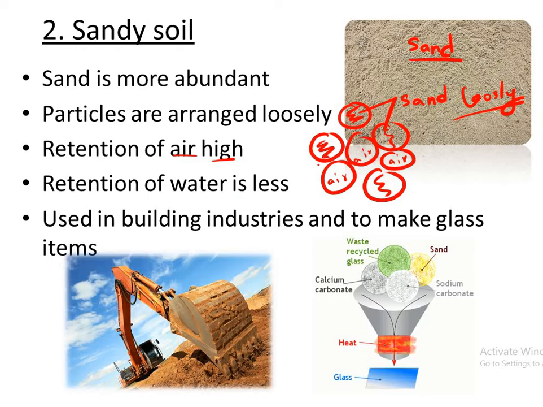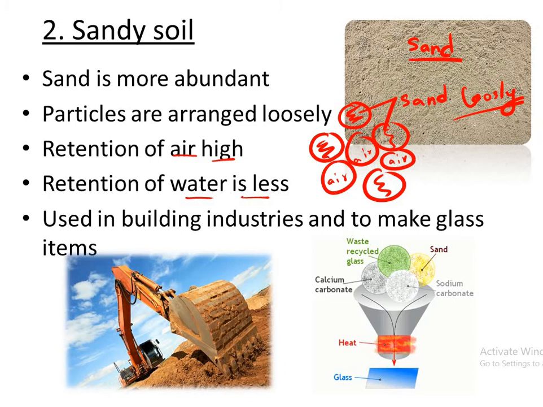Now since air is stored in it, the water retention is going to be less, because air already occupies a lot of its space. And in this soil, as you know, it's very dry, not very moist. So there's less water anyway in this type of soil. In the previous one, in clay soil, water occupies most of the space. That's why it's very moist. Therefore air has not much room.